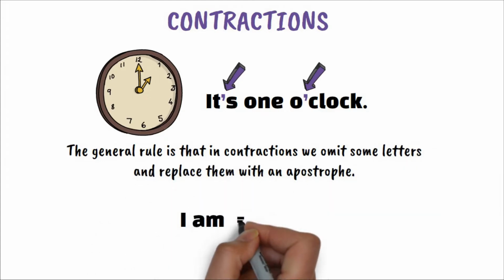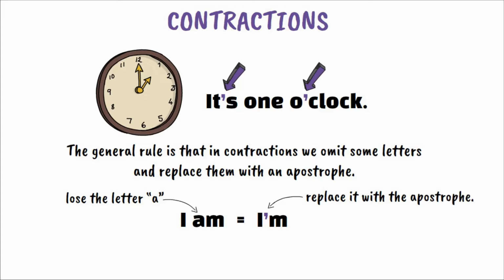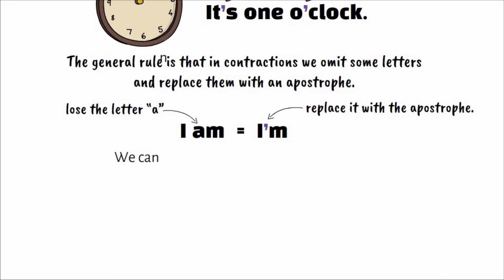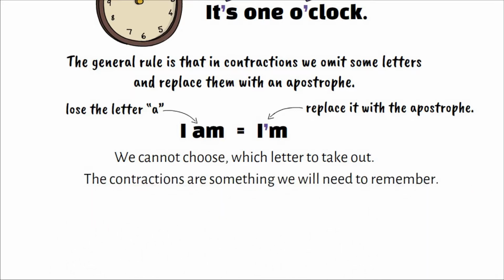I am becomes I'm. Here, we lose the letter A and replace it with the apostrophe. Unfortunately, we cannot choose which letter to take out. The contractions are something we will need to remember.